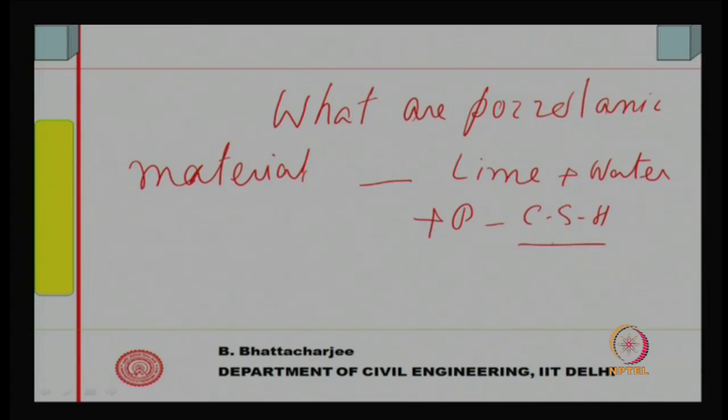The name pozzolana is derived from volcanic ash. Volcanic ashes are of course not naturally available everywhere, but available somewhere, particularly in Italy. When you mix volcanic ash with lime and water, it could give rise to production of a cementing material, that is CSH.